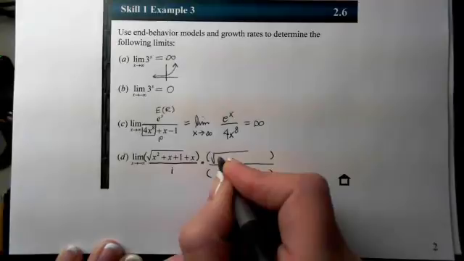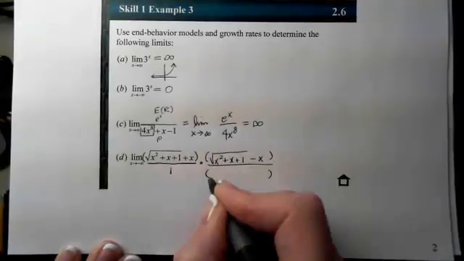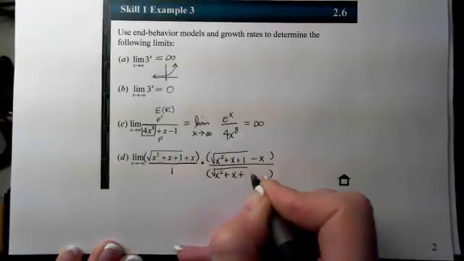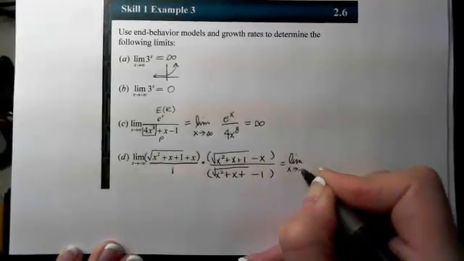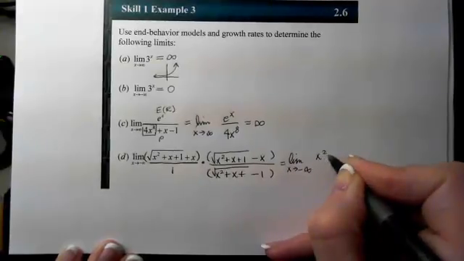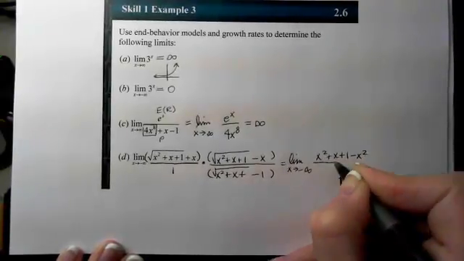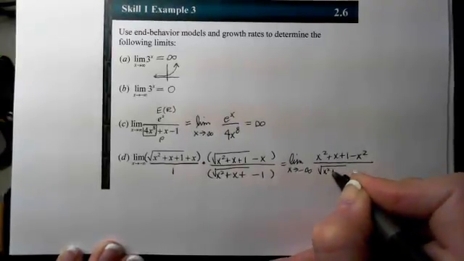So I'm making a smart choice for 1 to alter the way this fraction looks without changing its value. When I do that on the top and multiply it out, I will get an x squared plus an x plus a 1 minus an x squared. And on the bottom, I will keep that conjugate as is.